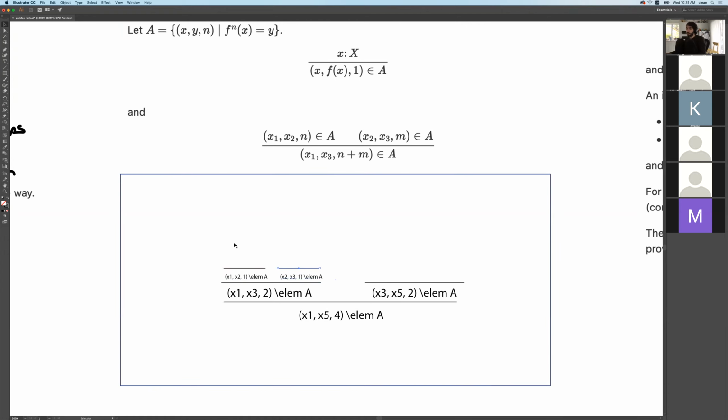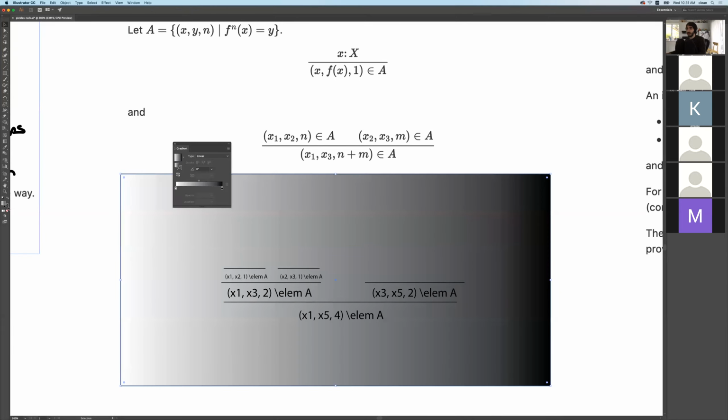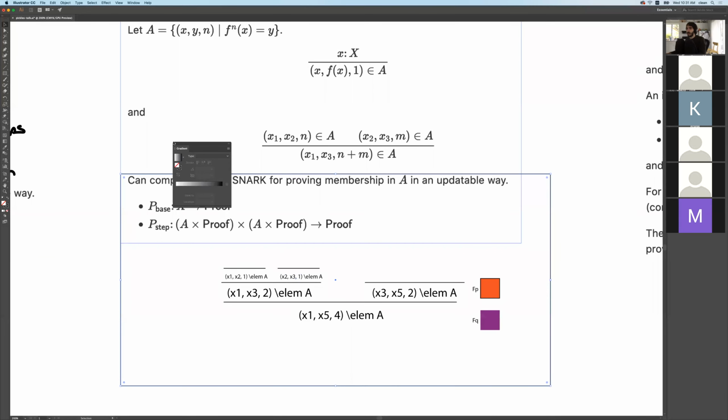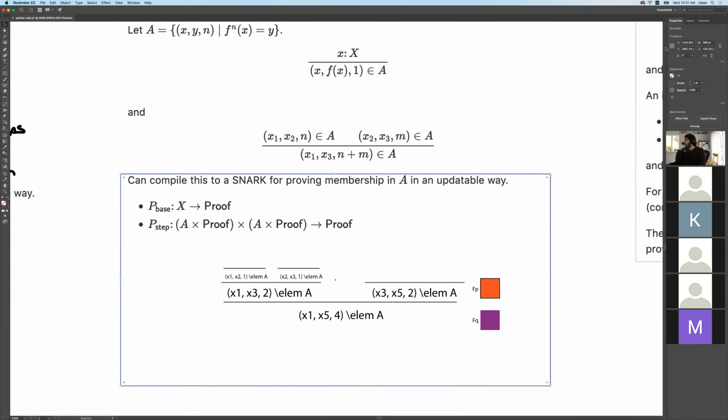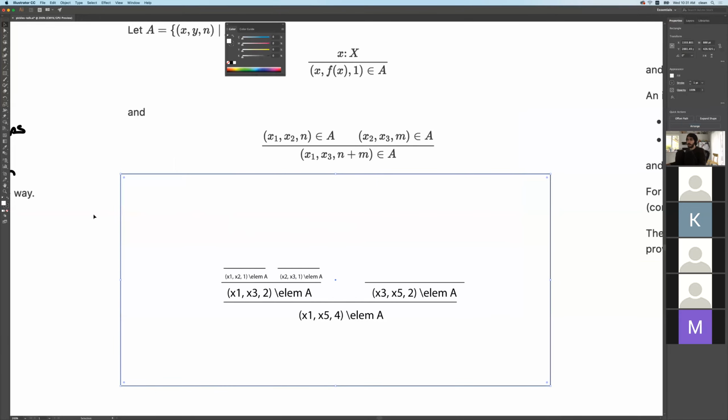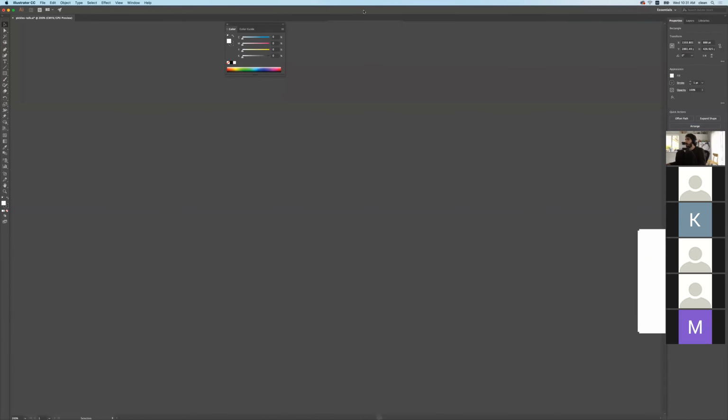Is it clear to everyone how this notation works? Sorry, just fiddling with colors here. Does the notation make sense to people?